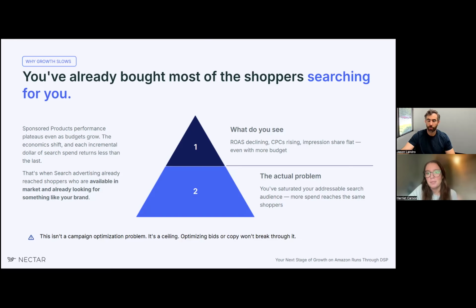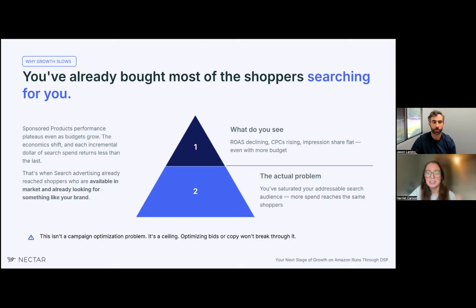That's incredibly effective. There are thousands of shoppers that you haven't reached yet, though, and every additional ad dollar introduces your products to new people. But over time, something might change. As your ad program matures, you gradually capture more and more of the available search demand. Eventually, increasing budgets doesn't necessarily mean reaching more shoppers, and often means competing harder for the exact same audiences, or you're seeing ROAS soften or CPCs increase, and impression share becomes harder to grow.